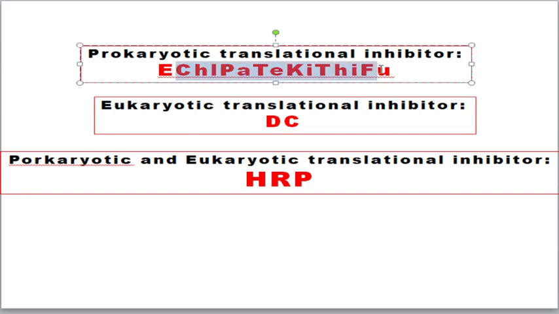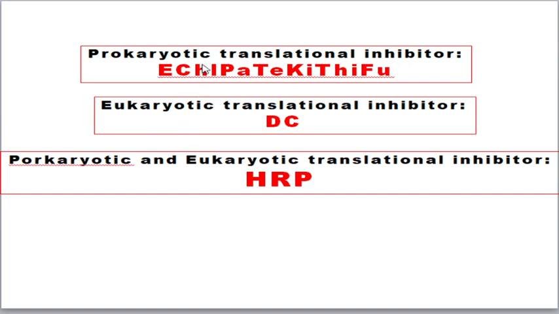It's like a Japanese word I have given. You can remember this particular thing, so you should study with the code word only, then it will be very helpful. And the next thing is eukaryotic translation inhibitors, which include DC: diphtheria and cycloheximide alone. Even if you can't study the prokaryotic translation inhibitors, at least study the eukaryotic translation inhibitor code word and the code word for both prokaryotic and eukaryotic translation inhibitors.